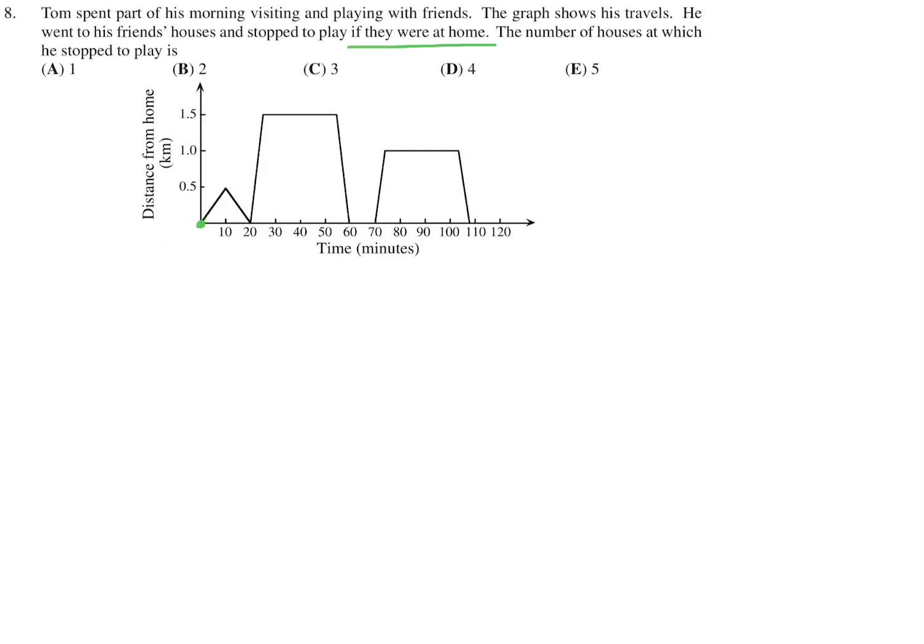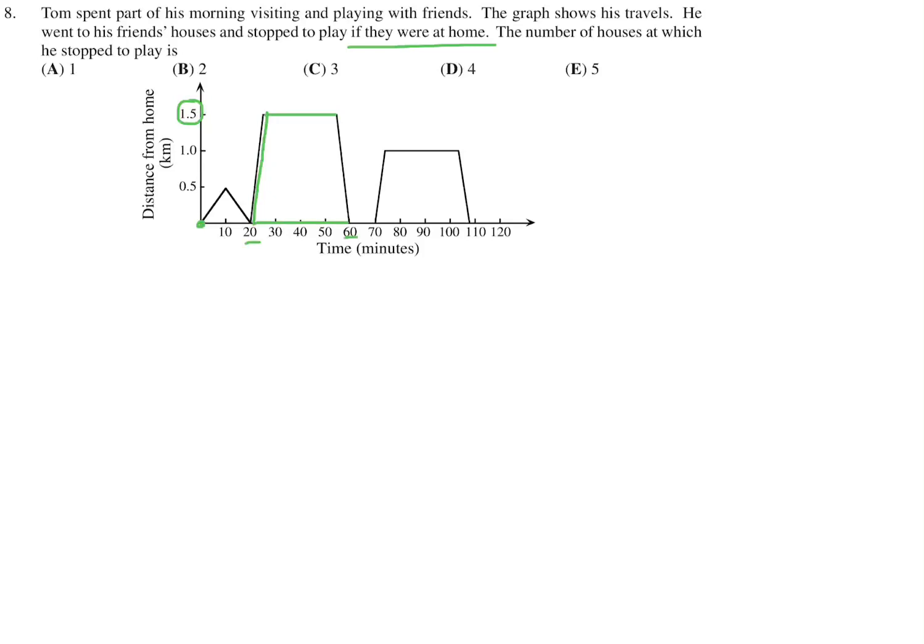All right. Now let's go to the second friend's house, which is about 1.5 kilometers from where he lives. And then he stops, because look, his distance is not changing. Distance is flatlining. That means he stays where he is, from 20 minutes to 60 minutes.